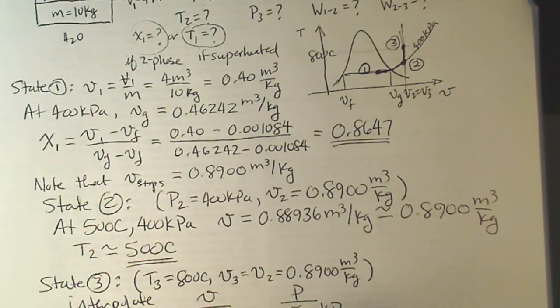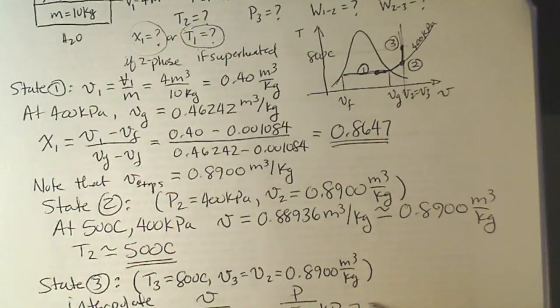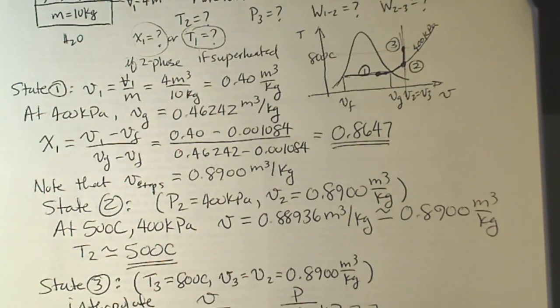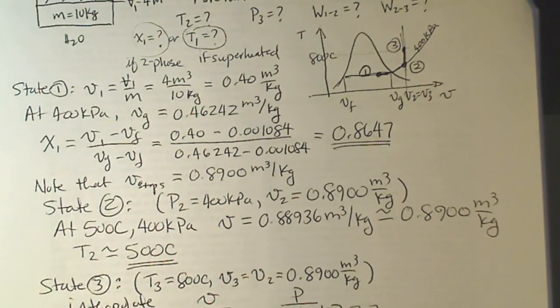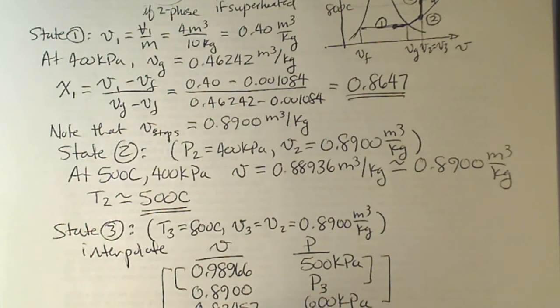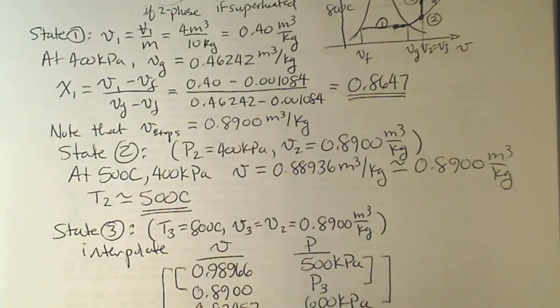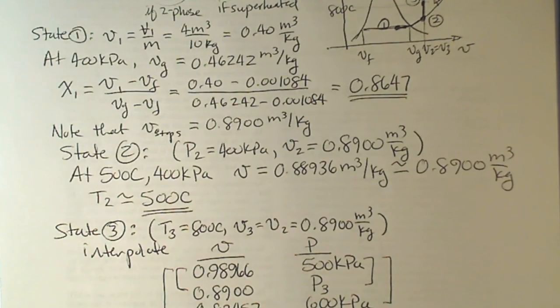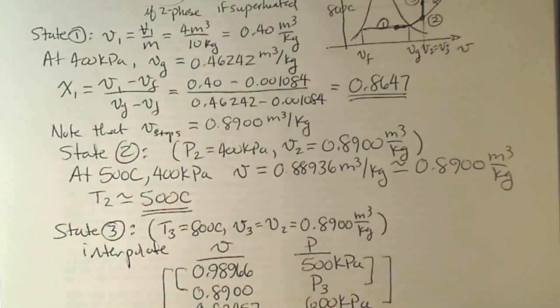And so again, I want to set this up using my differences to interpolate, and I'll say that 0.8900 minus 0.98966 divided by 0.82457 minus 0.98966 is the same as P3 minus 500 divided by 600 minus 500, or 100.